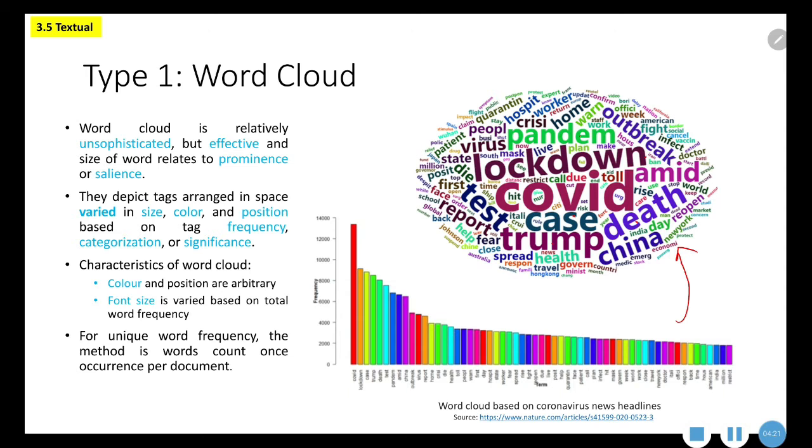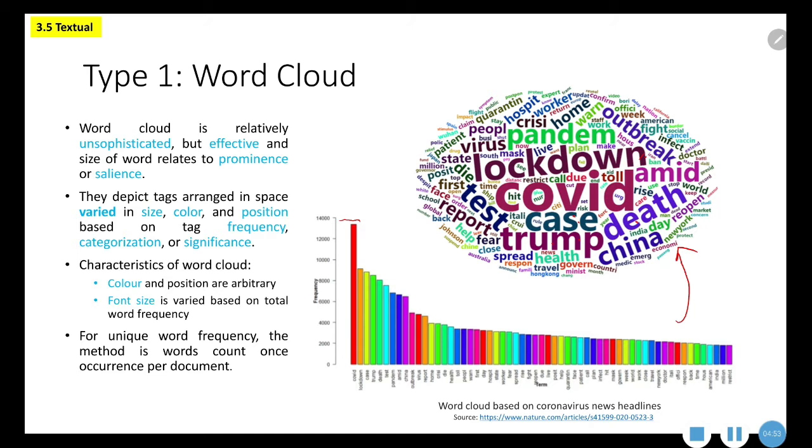If we observe these two types of representation, you can see that COVID has the highest word frequency. That's why COVID looks more appealing and more prominent here in the word cloud. Then it is followed by lockdown, the third one is case, the fourth one is Trump, and the fifth one is death.